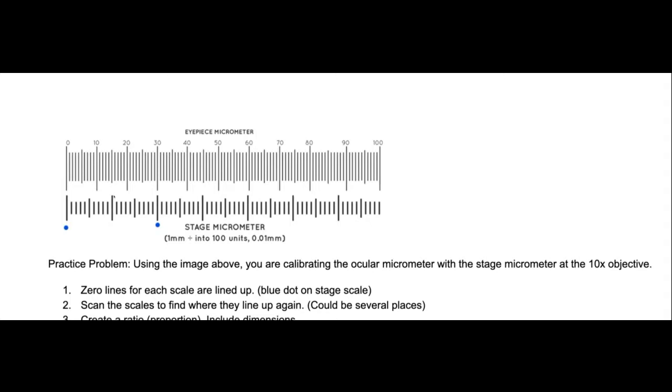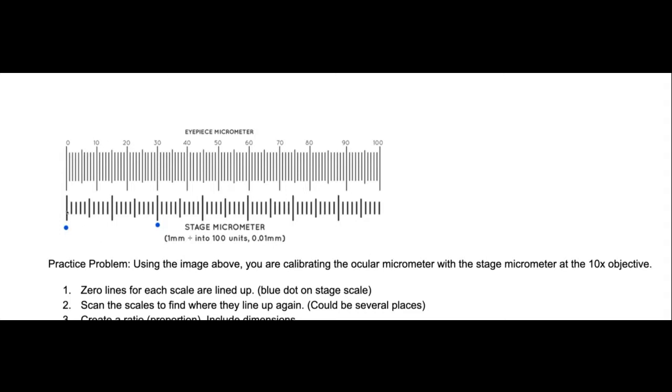So these largest tick marks are going to be 0.1 millimeters across, so 0.1, 0.2, 0.3, 0.4, 0.5, and then 0.6. And then we kind of get cut off after that.